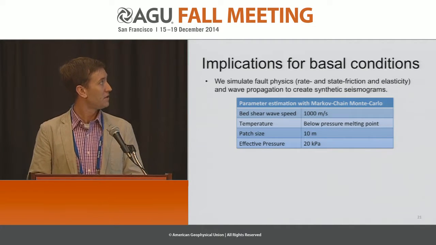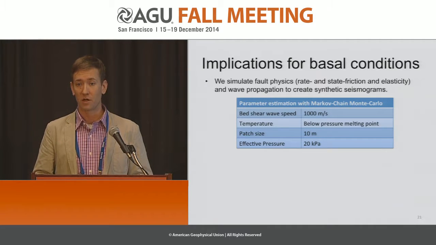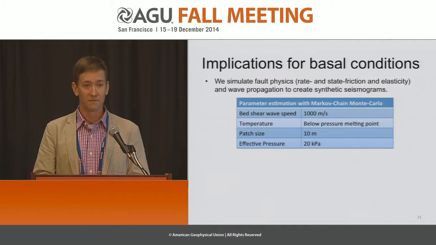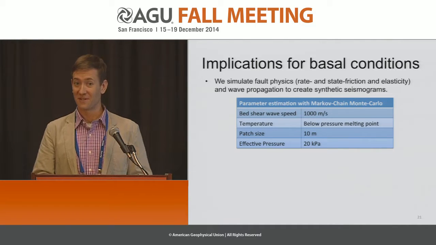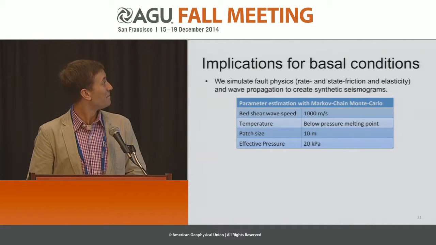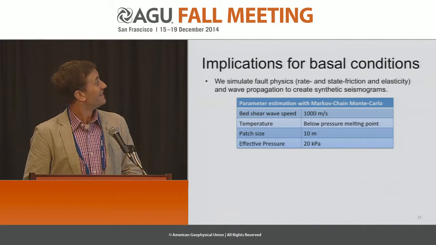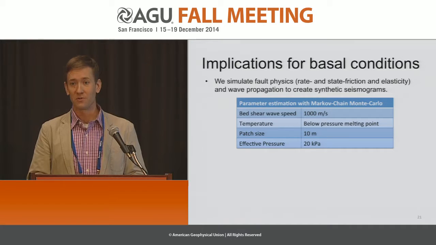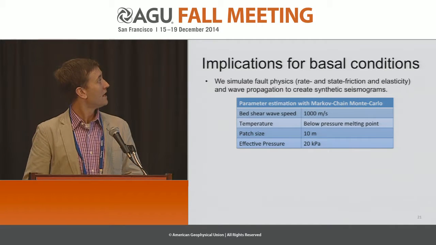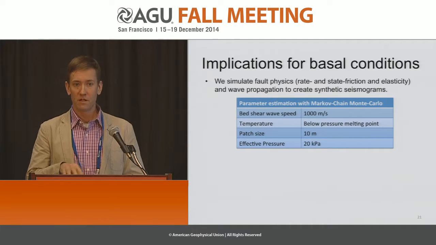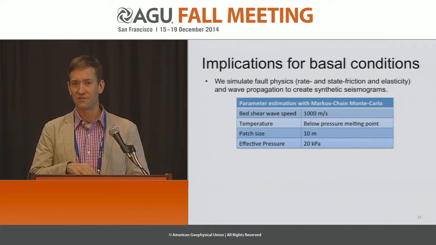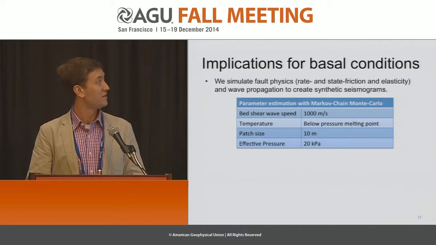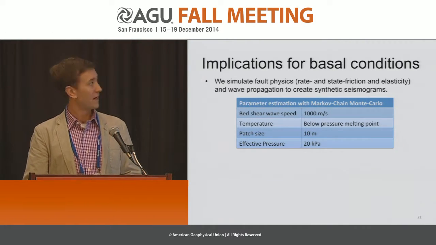Specifically, we do a Monte Carlo inversion using Markov chains. As of this morning, I checked the results. It's still running. I've done about 100,000 simulations, and it's converging very nicely, which I was happy to see. And we come up with some unusual things, or at least for me, these were unusual based on the types of papers I usually read. So we find that the shear wave speed of the till, or whatever is down there, which might be something a little bit more rigid than till, is about 1,000 meters per second.